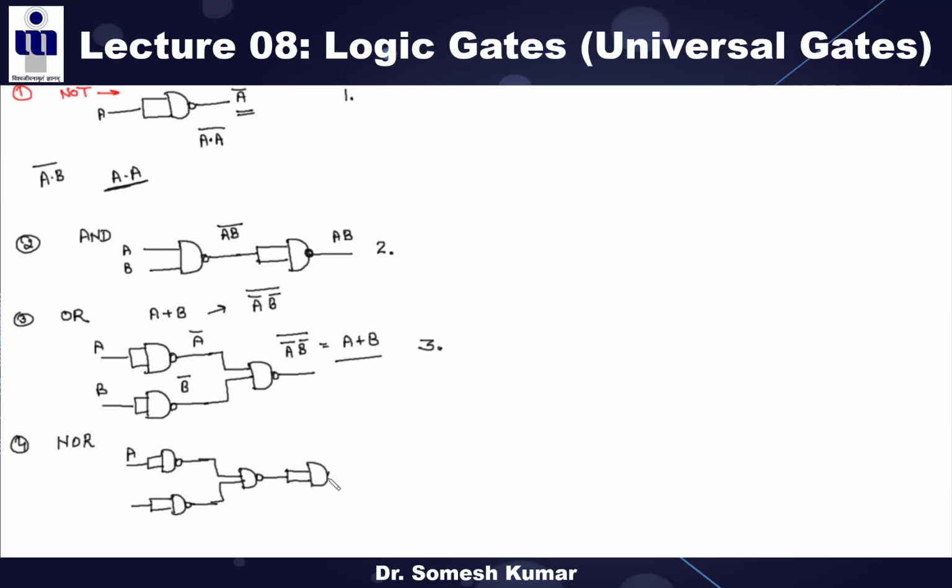Like this. Clear? What is the output here? We already found A plus B. And what is the output here? A plus B whole bar. So this is your NOR gate. How many NAND gates are needed to design the NOR gate? 4, right?